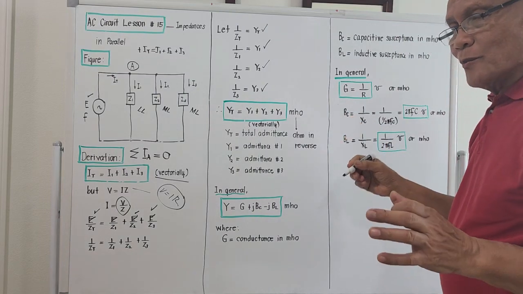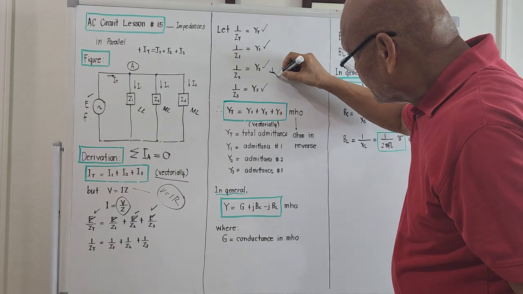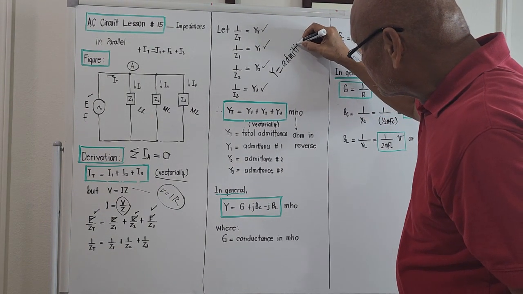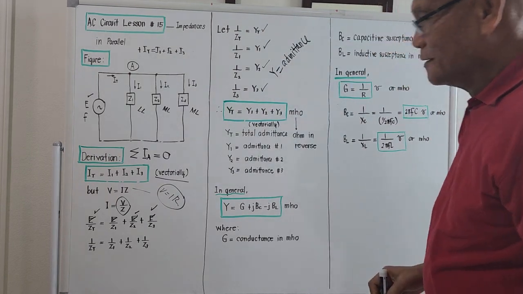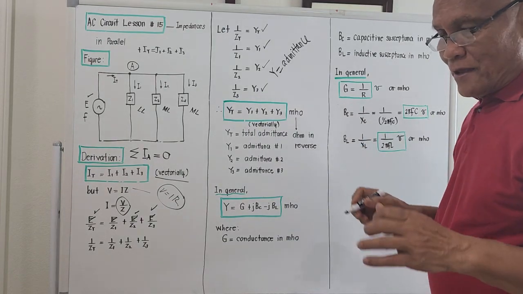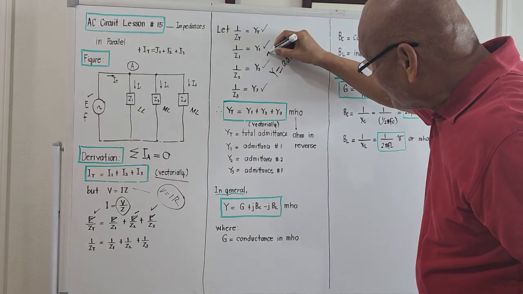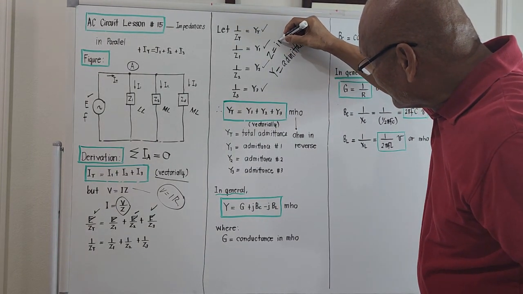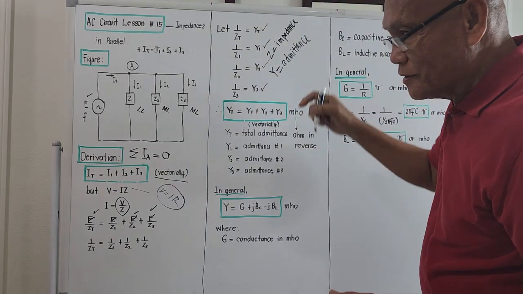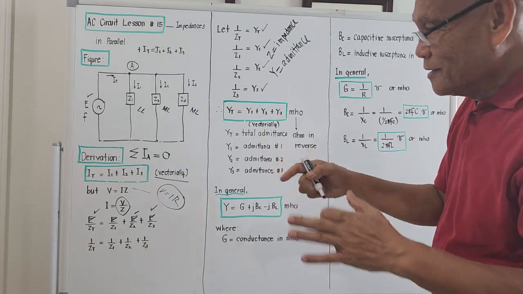Under the study of parallel AC circuits, Y is termed admittance. Under series impedances, Z is impedance. Impedance is synonymous with the word impede, or obstruct.